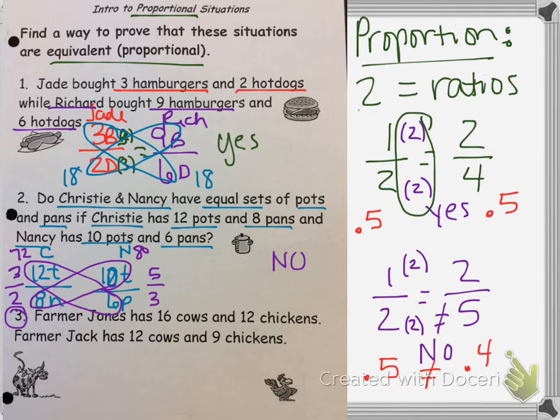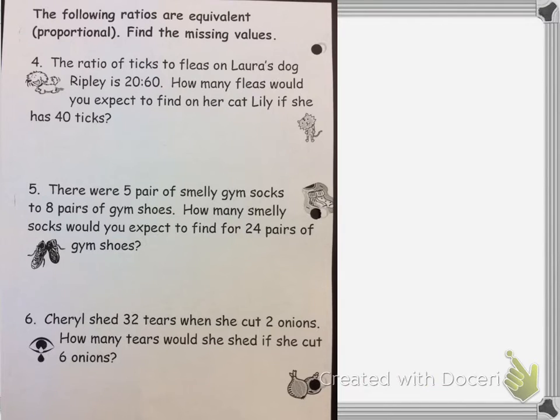I would like you to try number 3 so we can look at it in class tomorrow. On the back, we have now, not only is it proportional, it tells us that, but they want us to find a missing number here. So what I'm going to look at is still setting up my ratio. The ratio of ticks to fleas on Laura's dog, Ripley, is 20 to 60.